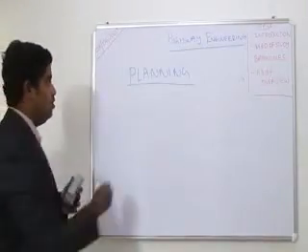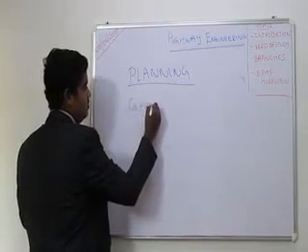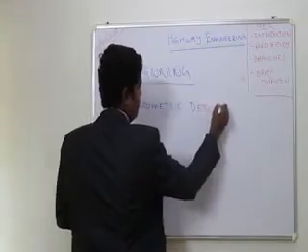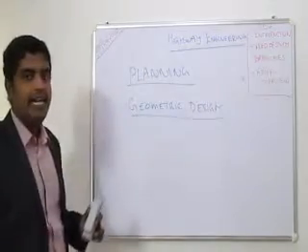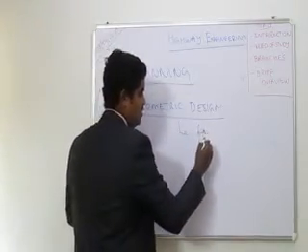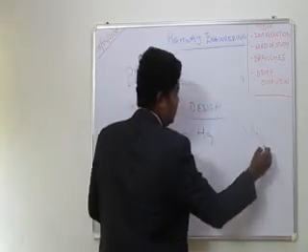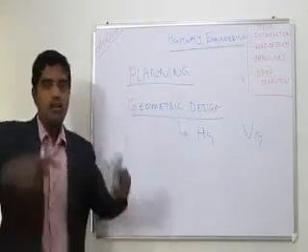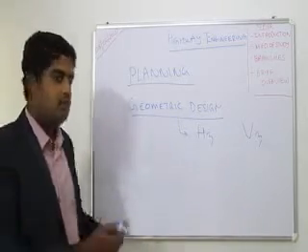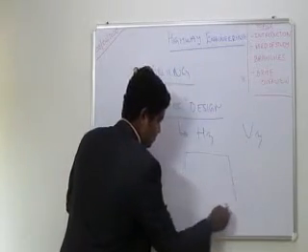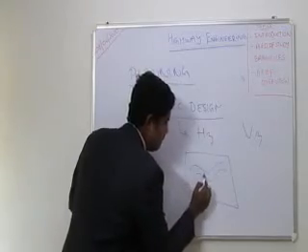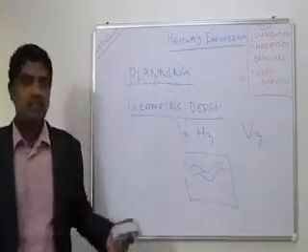The next important core is geometric design. Geometric design involves two planes, that is horizontal and vertical. For example, if you are taking a satellite image from above of a particular section, this is a road.